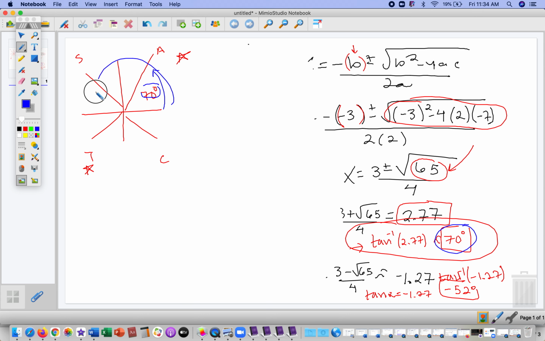And then the other one is going to be 180 plus 20, right? So if this is 70, this sliver's 20, this sliver's 20, this sliver's 70, this sliver's 20. So 180 plus 20, so we'd say 200 degrees.